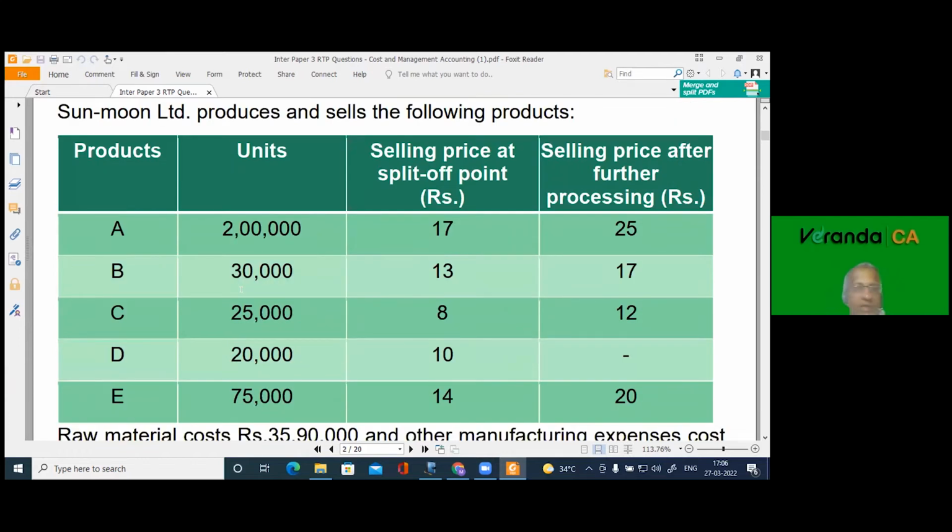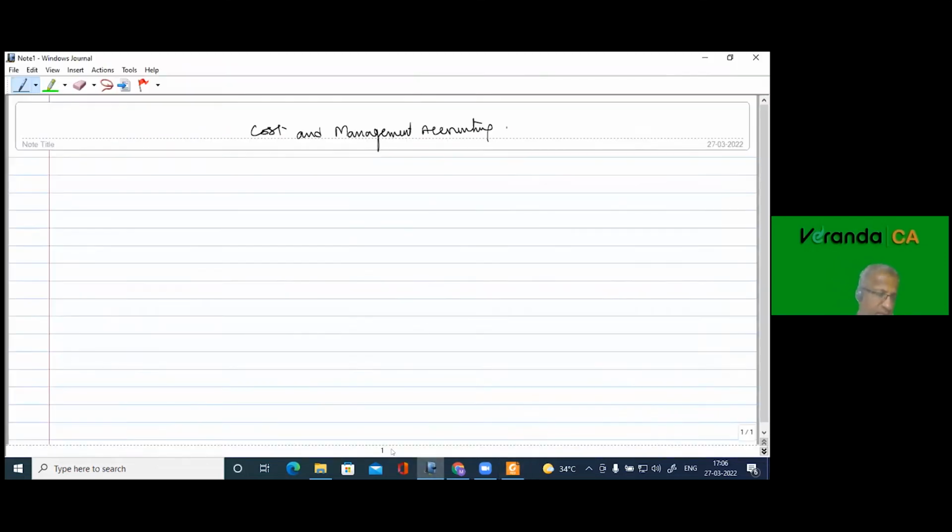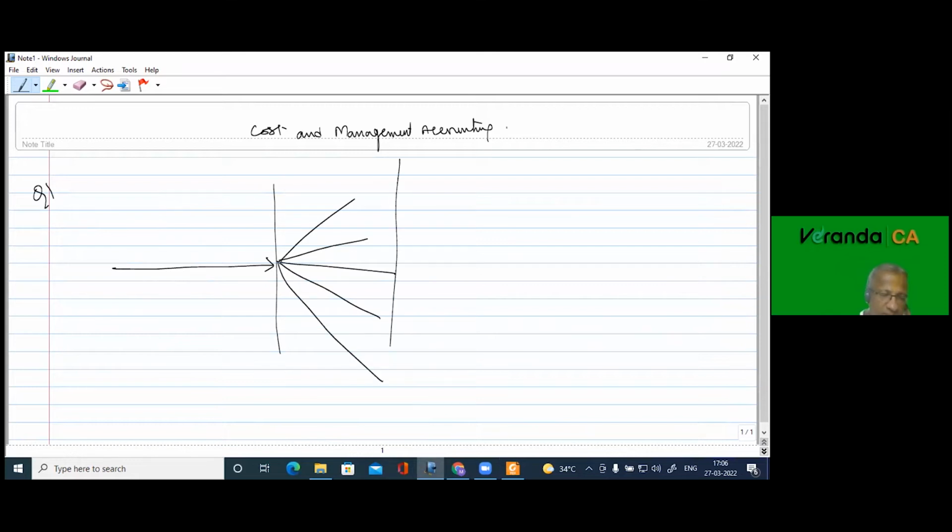See, we have before us question number 1, a joint process, and it is split into 5 products. So you have this choice of selling at split off.